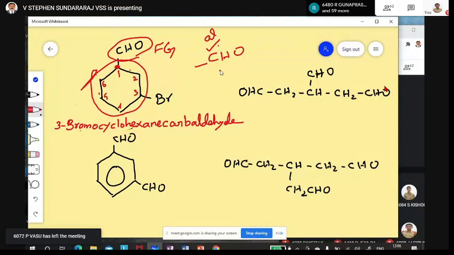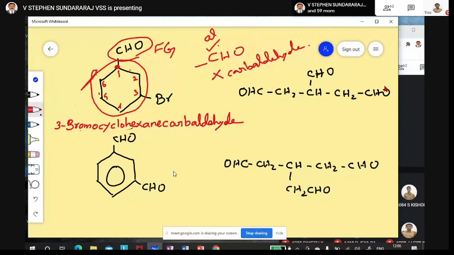If it is not included in the longest chain, you have to use the word carbaldehyde. Remember that. Right? If the carbon is included, it is Al. Not included means carbaldehyde. Here it is not included, so in the first position, always first position.